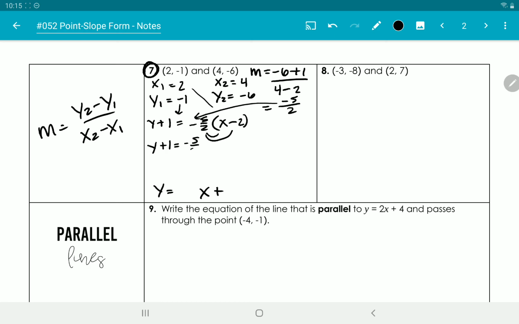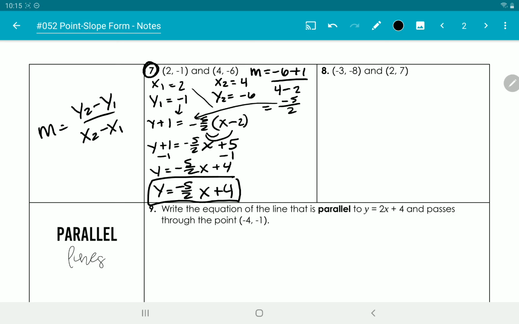So that's -5/2 x. -5/2 times -2 is going to be +5. And then if we subtract 1, we get y equals -5/2 x plus 4. So we have it in that way. Go ahead and see if you got the answer correct there.